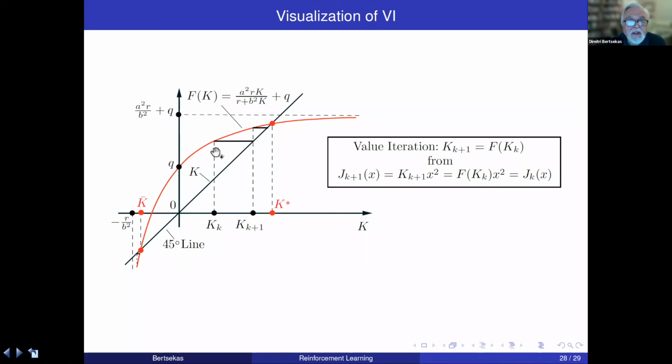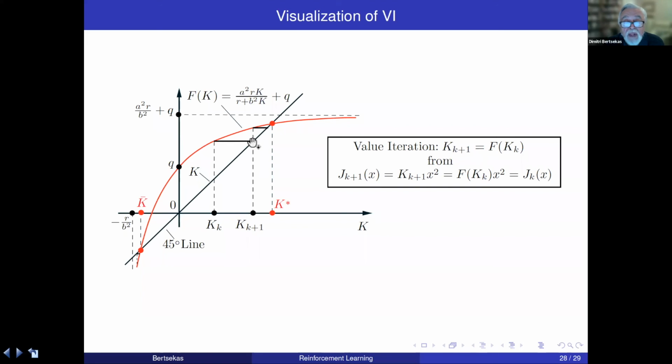And we represent it here in this figure as follows. We are at the typical starting point of an iteration, K_k. We start at some point K_0, some positive point. At the typical step, you have K_k, and you calculate F of K_k. Now, F of K_k is this level here.